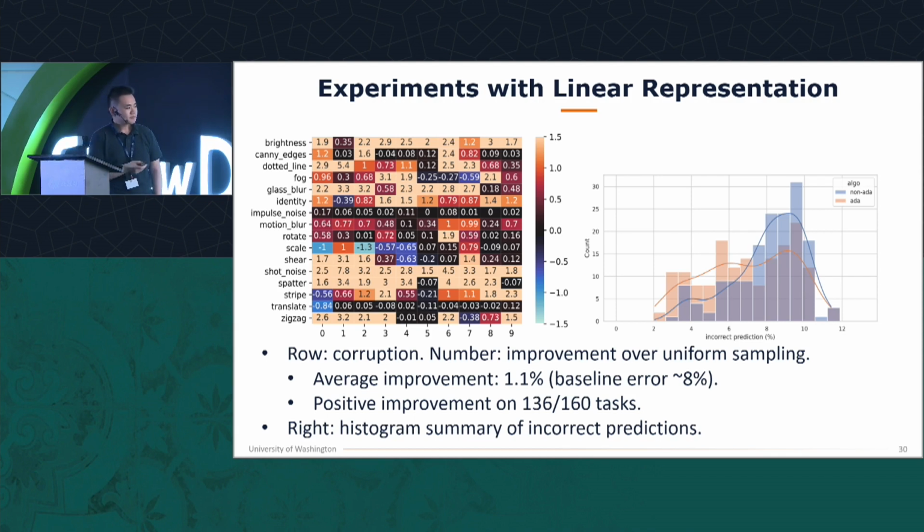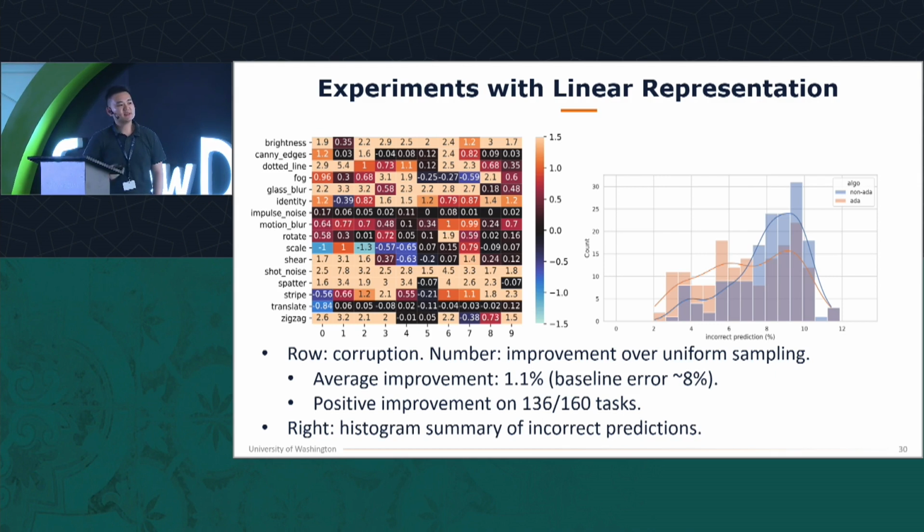Each column corresponds to one digit, and each row corresponds to one kind of corruption. The average improvement is 1.1%, and this is still significant because the baseline error is around 8%. The number of positive improvements is 136 out of 160 tasks.